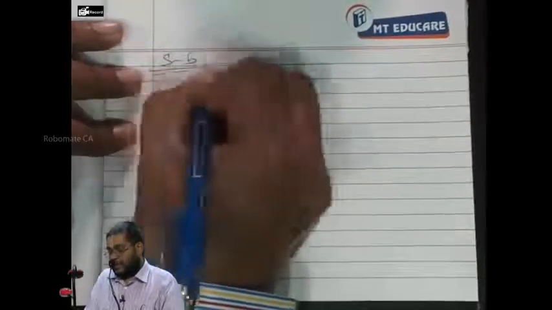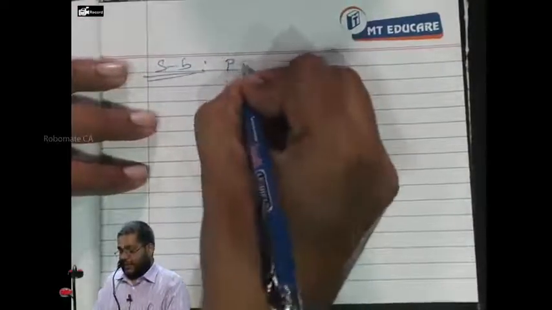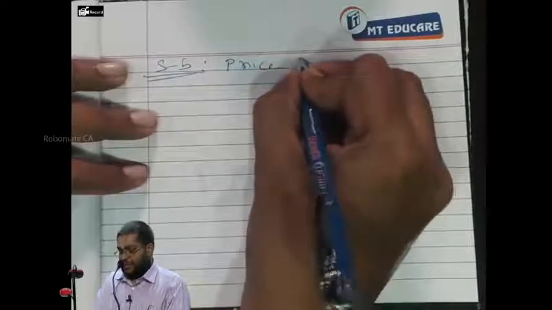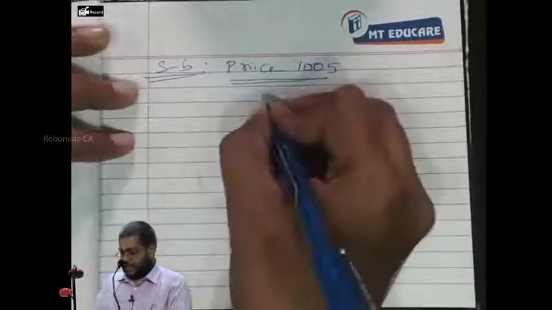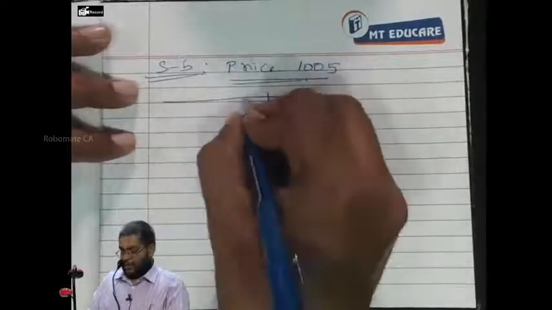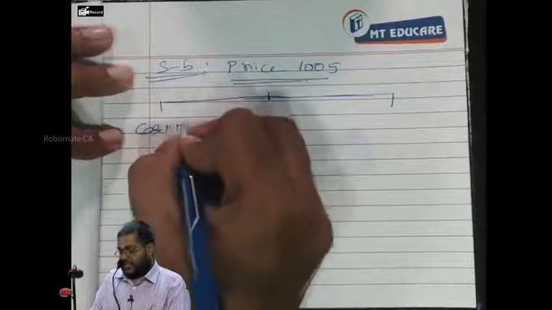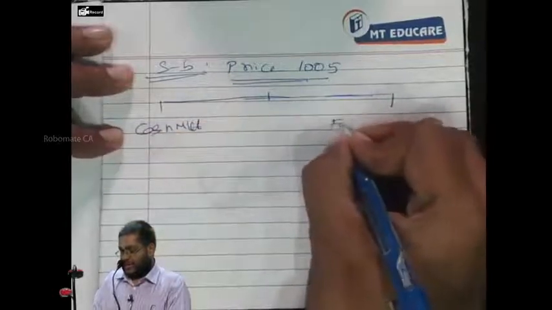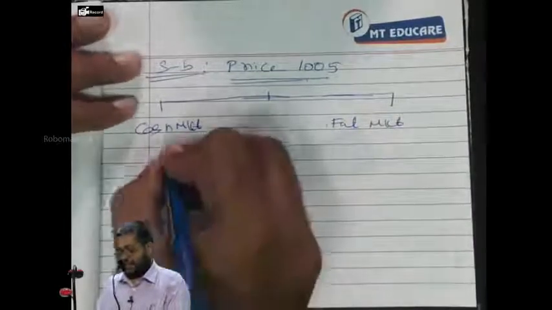Now, Situation B. The index fund closed at a price of 1005. I am now in how many markets? Two markets: cash market and futures market.